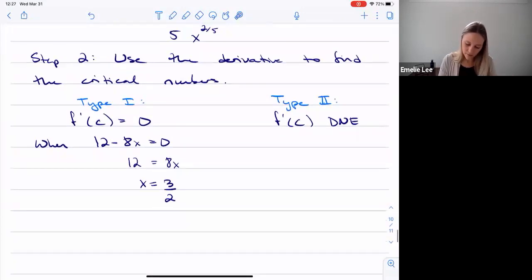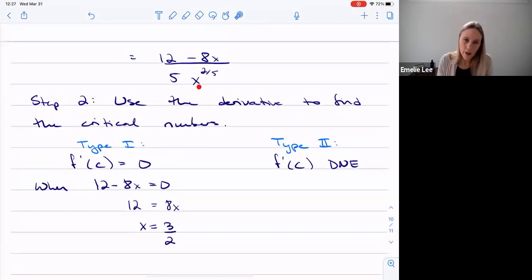Now, we need to look at the other type of critical number, which is where this thing doesn't exist. Same way that we find the domain, right? We need to pull out values of x that make illegal math. So in this case, we've got division. Dividing by 0 is a no-go.